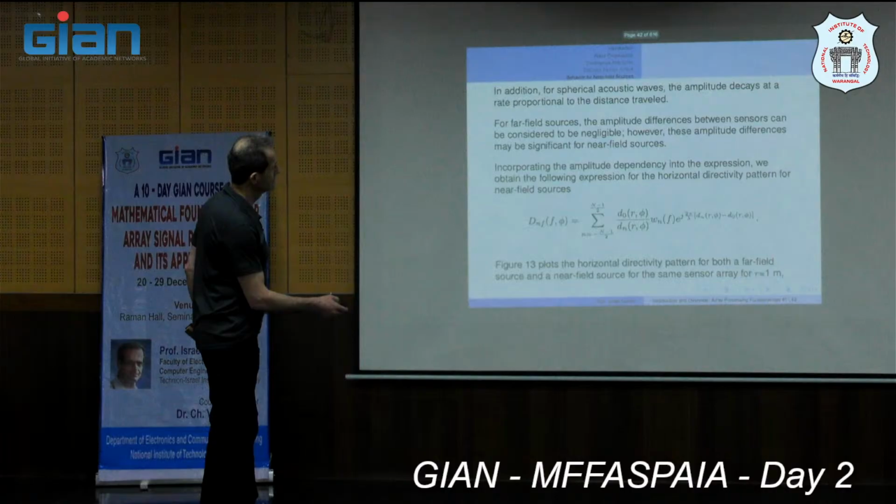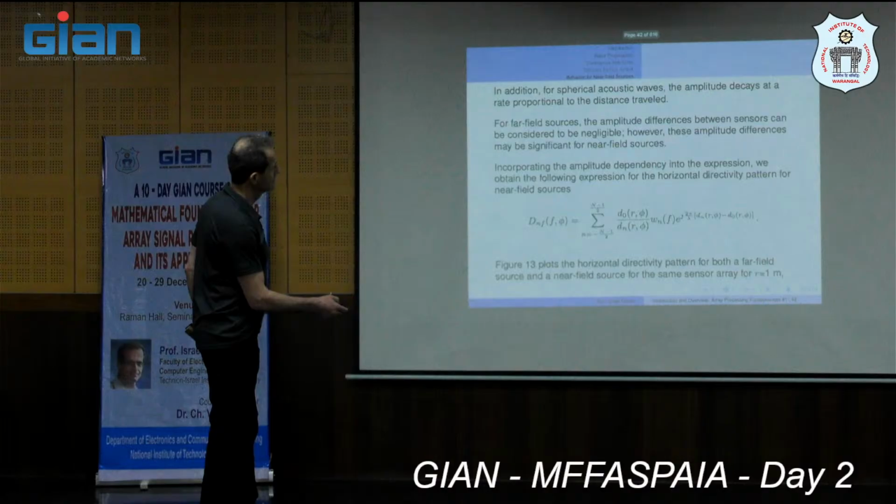So if you want to change it to near field, you just need to change here. Here you don't change. Here you take the directivity pattern of the far field. And the question is why? So this is the array gain for far field, what we saw before. And now we saw that the directivity pattern is different for near field.